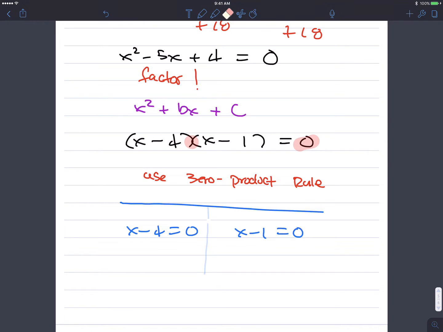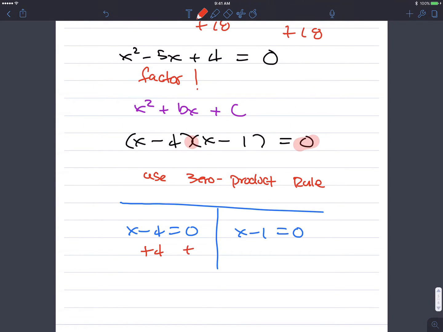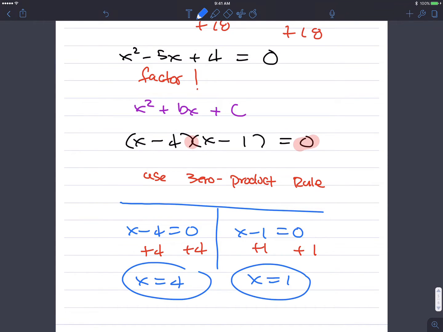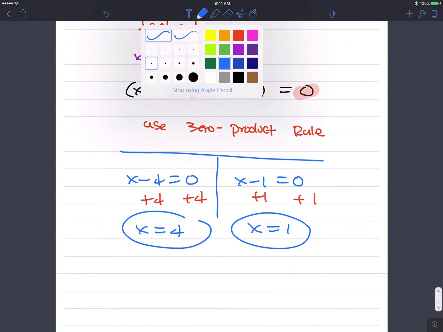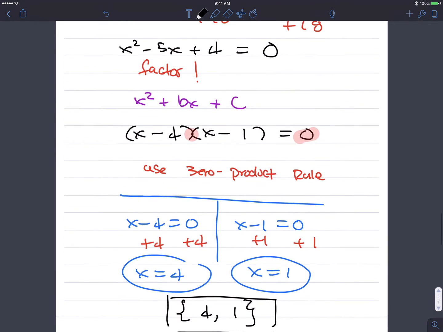And then you're going to solve for x. Okay? So, add 4 to both sides. Add 1 to both sides. x is 4, or x is 1. Here's the solution set: 4, 1. You are done.